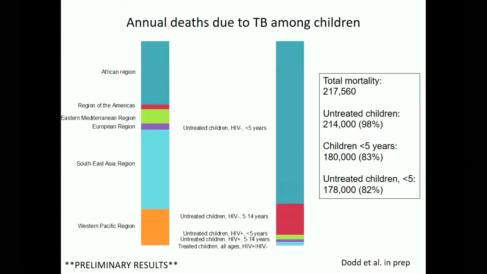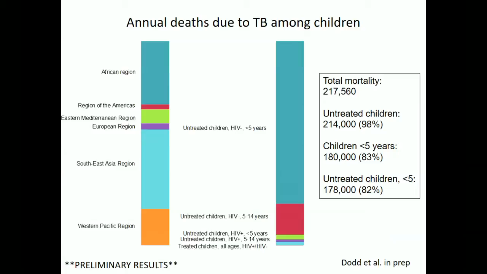Then if we look at this bar, this is breaking down children into those groups that you saw on the previous slide. This very small blue bit at the bottom here is the contribution made by children who are receiving TB treatment. So that's obviously a very small contribution. Then we have these two other small ones, which are the contributions of children who are HIV positive.